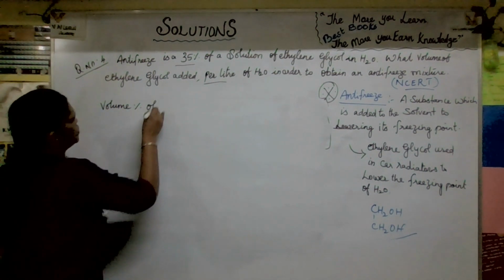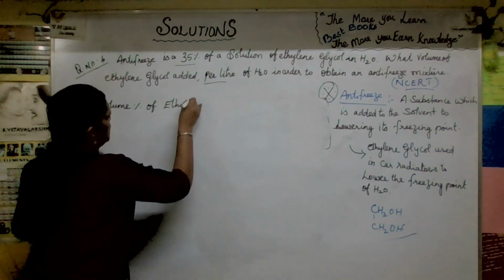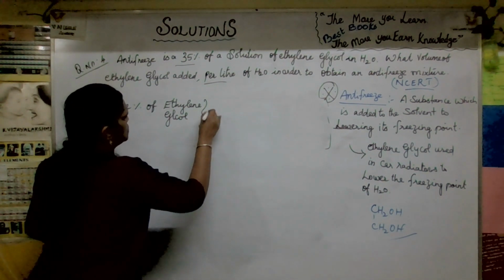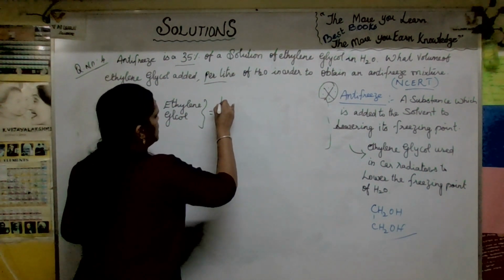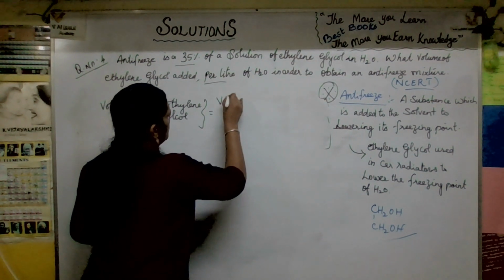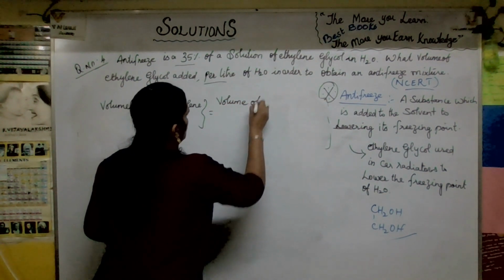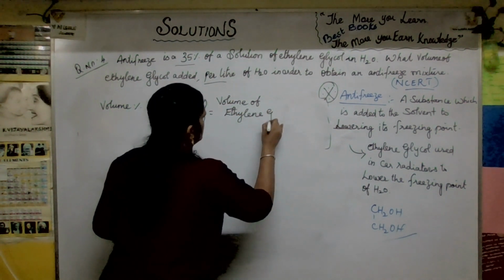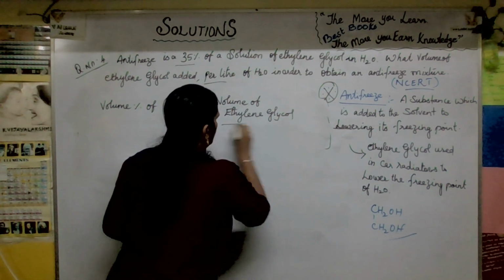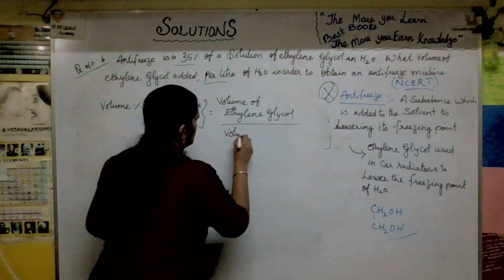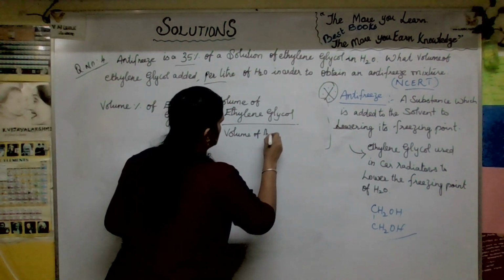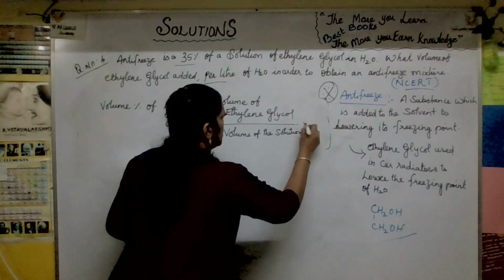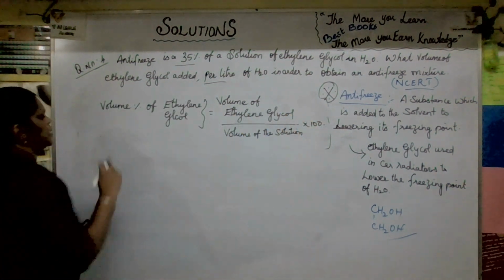Volume percentage of ethylene glycol is equal to volume of ethylene glycol divided by volume of the solution, because solvent plus solute, no, into 100, like mass percentage, like volume percentage.